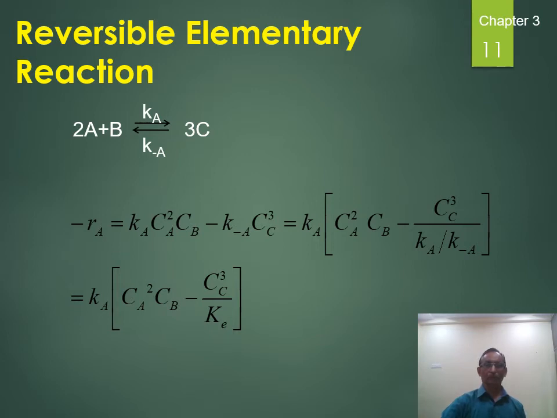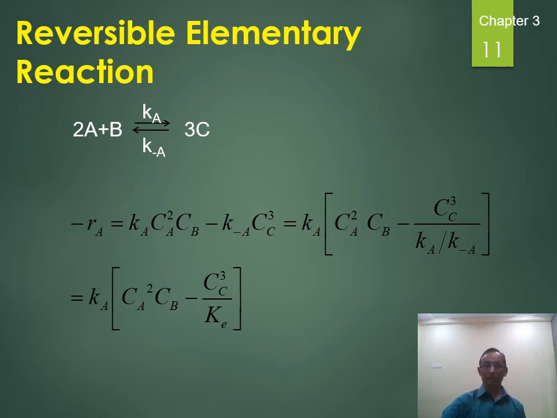Now the simple mathematics: we take Ka common, then you are going to get capital Ka. If you take Ka common, you get the term Ca square Cb minus Cc cube divided by this ratio of Ka divided by K minus A. Substituting with the equilibrium constant, that is capital Ke.